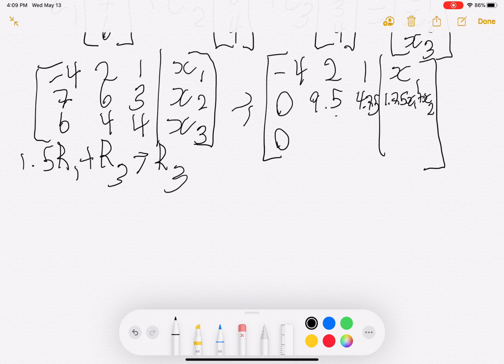And then 1.5 times 2, well, that should be 3. 3 plus 4 is 7. 1.5 plus 4 is just 5.5. And then 1.5 times x1 plus x3 is just obviously 1.5 times x1 plus x3, literally.